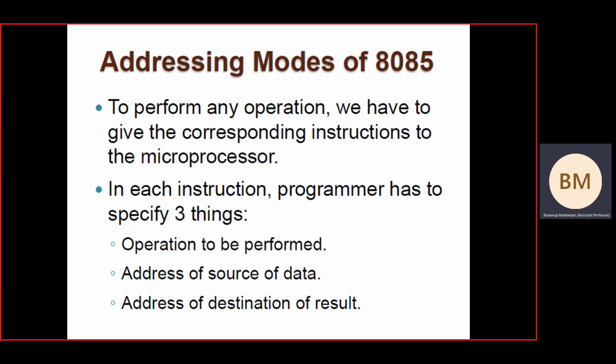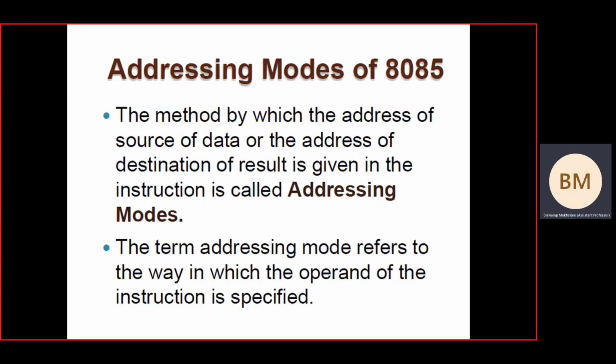Now, what is addressing mode? The addressing mode is the method by which the address of the source of the data or the address of the destination result is given in the instruction. So that means the way by which we collect the data from the source, and the mode by which we are storing the result.